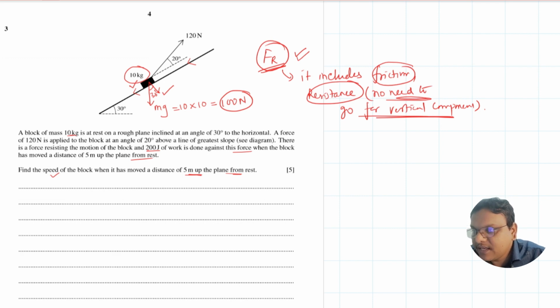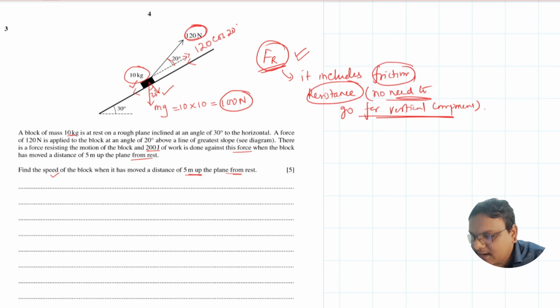So see, this force is given as 120 Newton and this angle is given as 20 degrees. If I try to find the horizontal component, obviously this will be 120 cos 20, right?